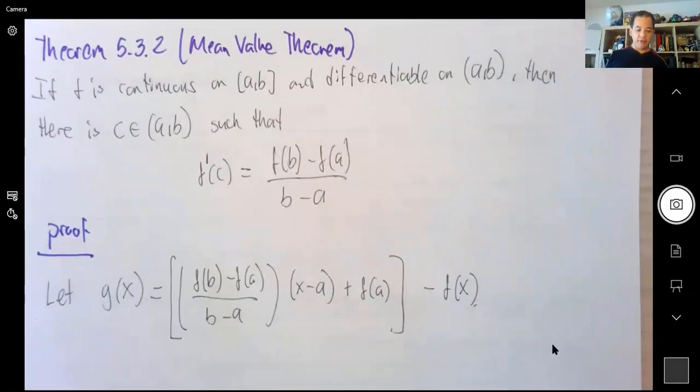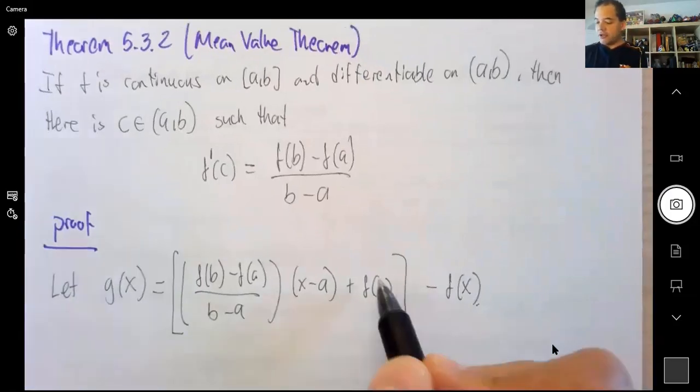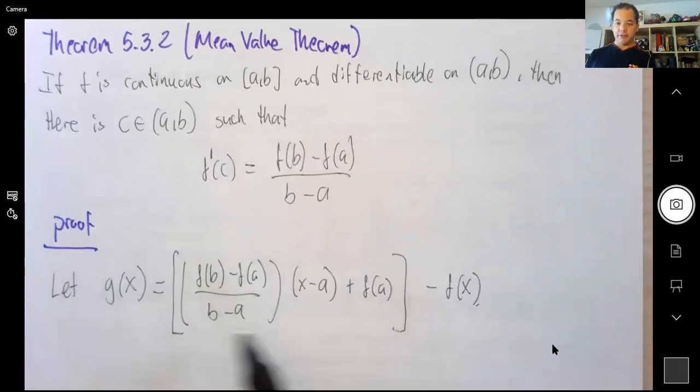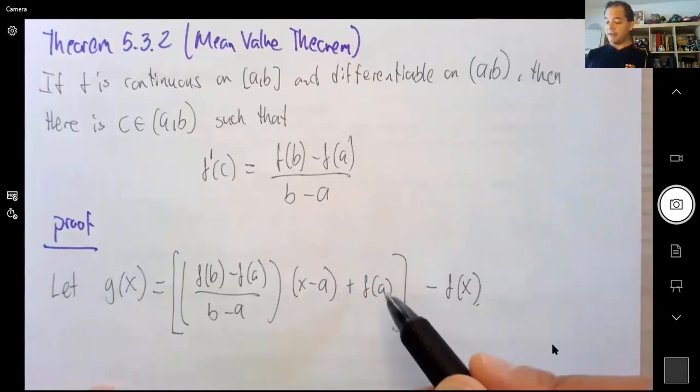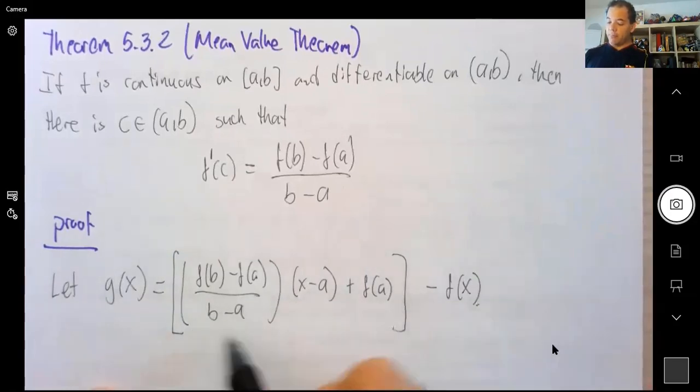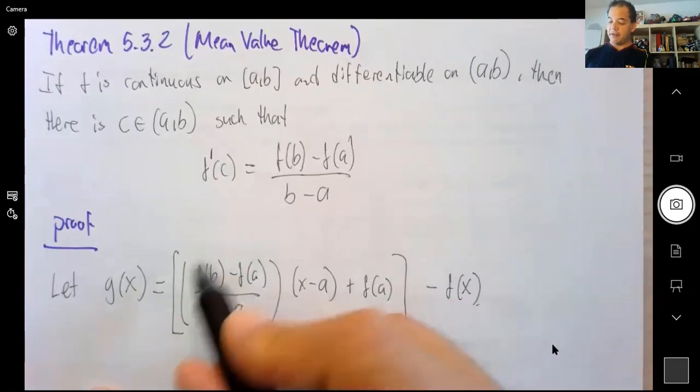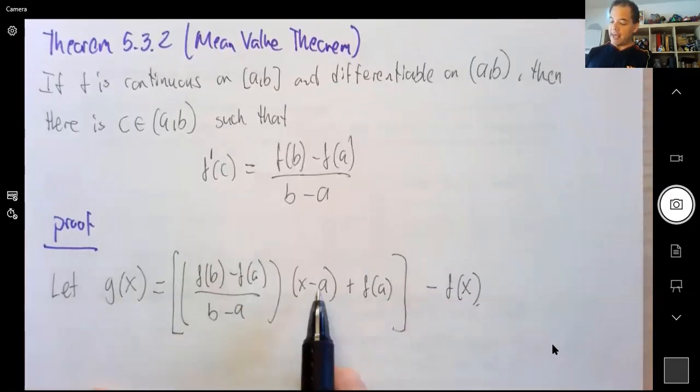Well, it's actually not that big of a deal. This is the equation of a line, right? You see this? This is just a line. What line is it? Well, it's a line with this slope, and it goes through the point a, f of a.